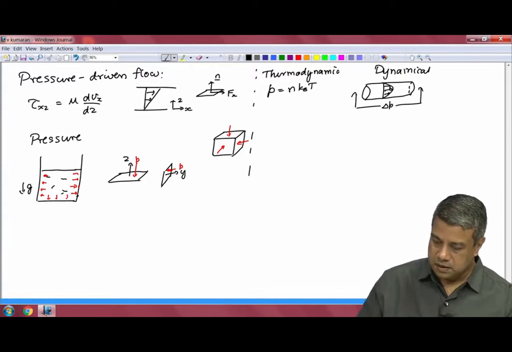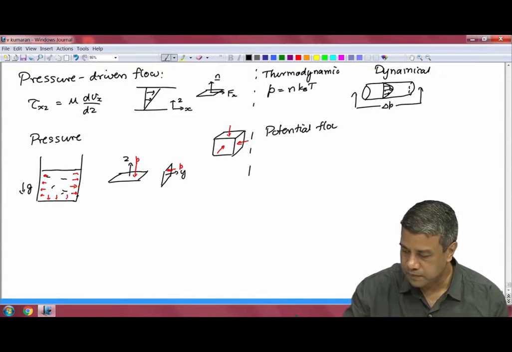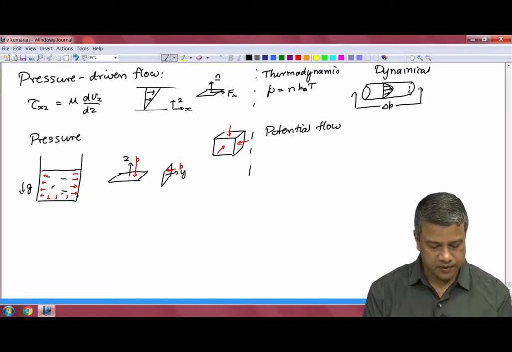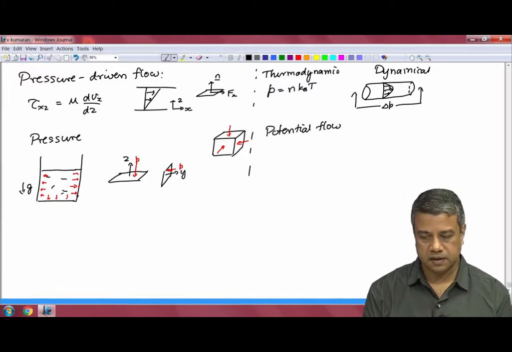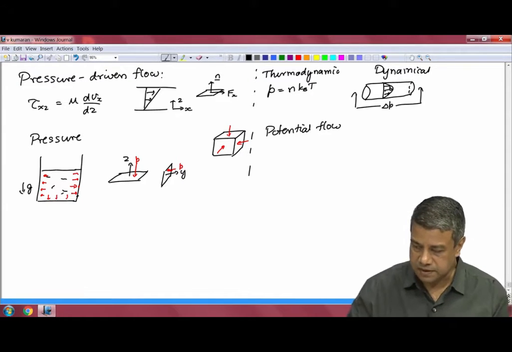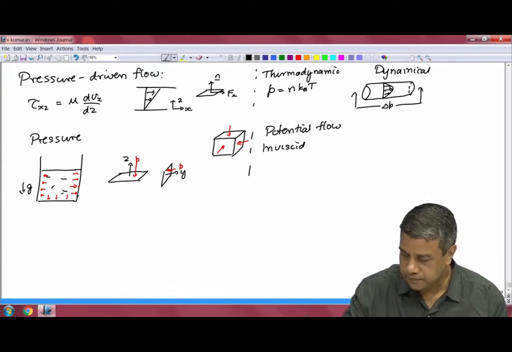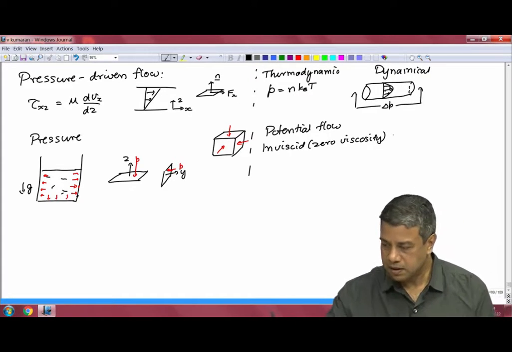Now, the next thing is the potential flow. The potential flow is a limiting case of a pressure driven flow where the viscous effects are neglected. So, basically a potential flow is an inviscid, zero viscosity, and it is incompressible.